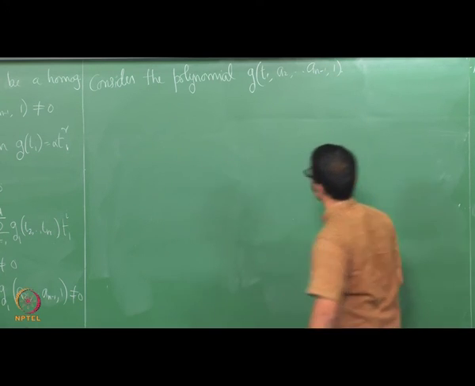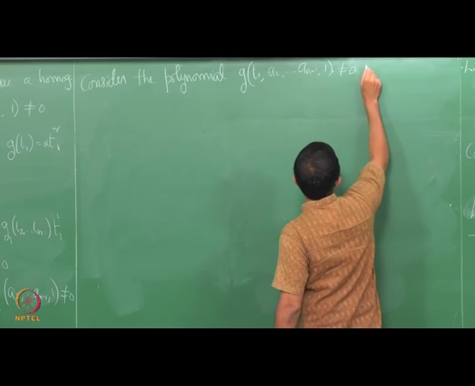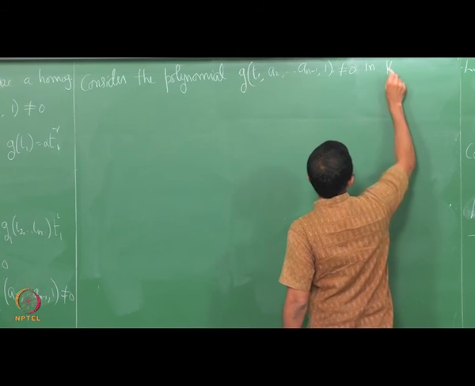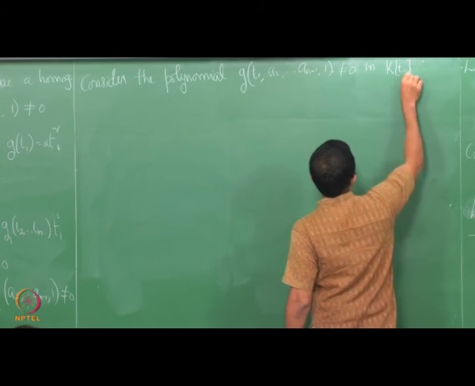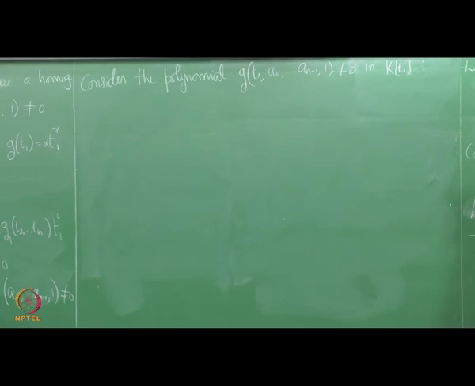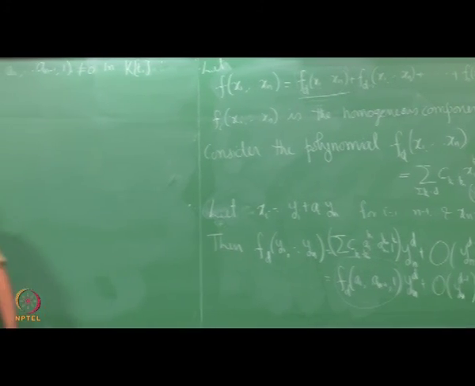This is a non-zero polynomial in k[t1], because this term is non-zero.